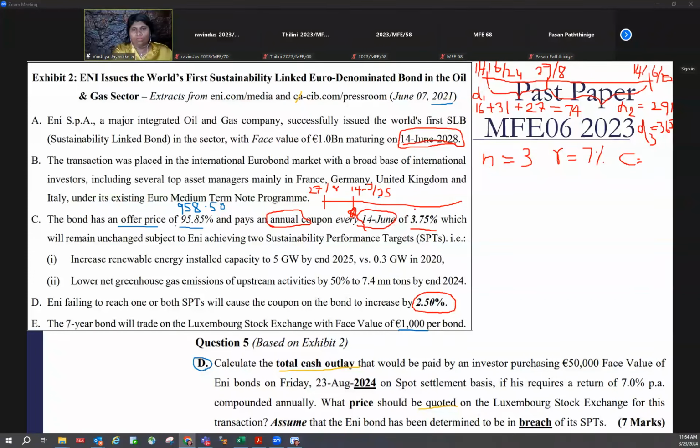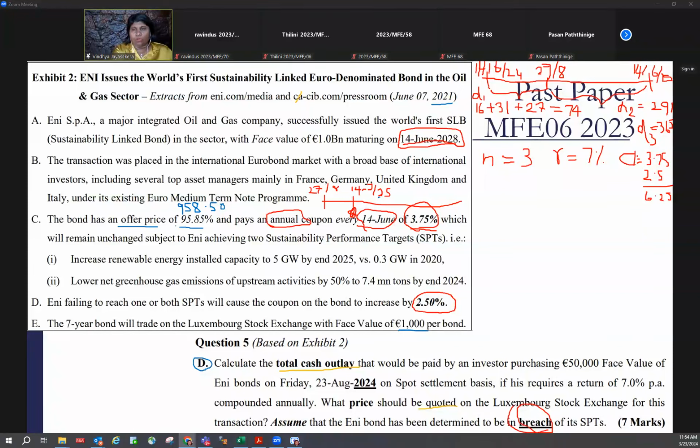It is not 375 because you are in breach of the SPTs. Because you are in breach of the SPTs, your C is 375 plus 250, which is 6.25%, right?